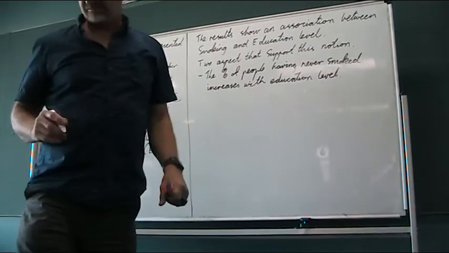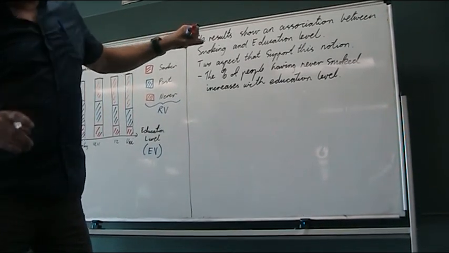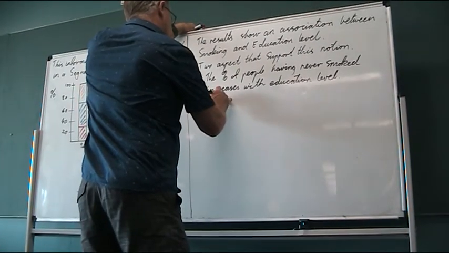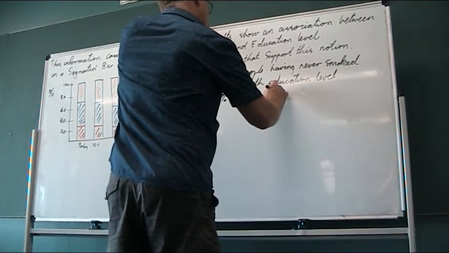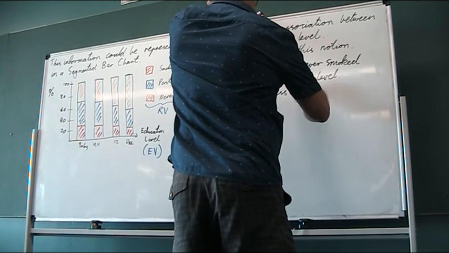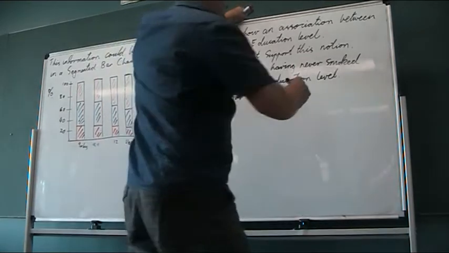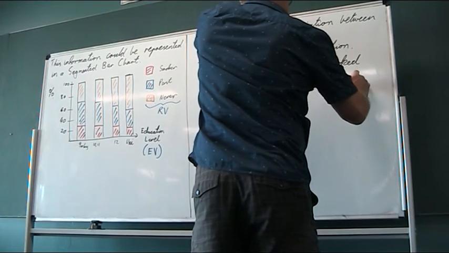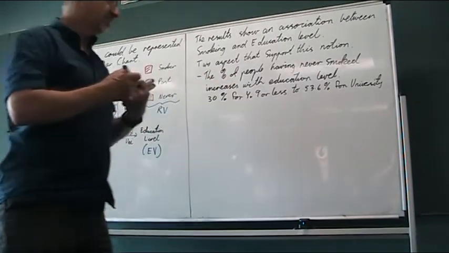And then for 9 or less, it's 30%. For uni, it is 53.6. All right, something like that.